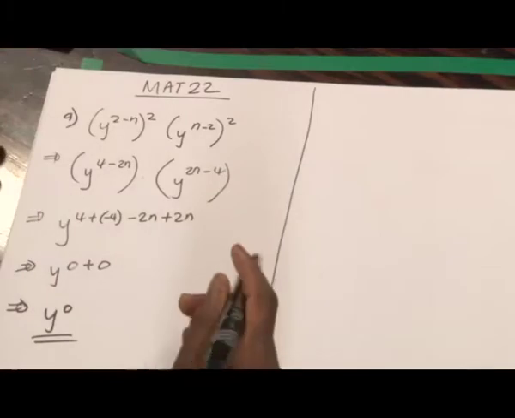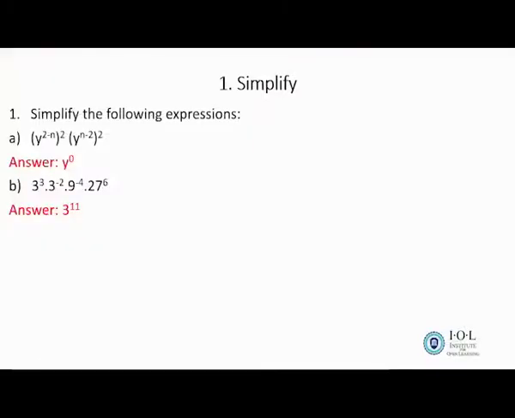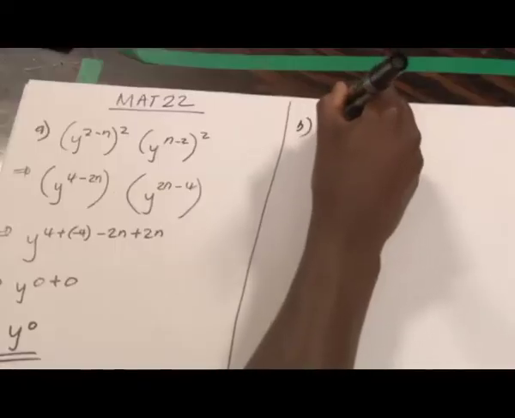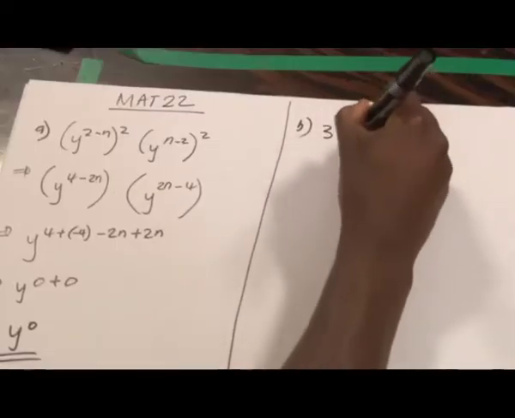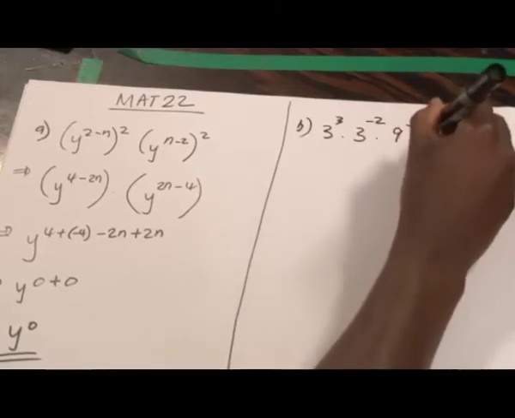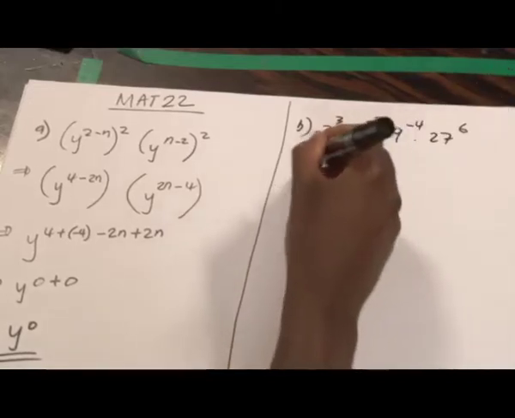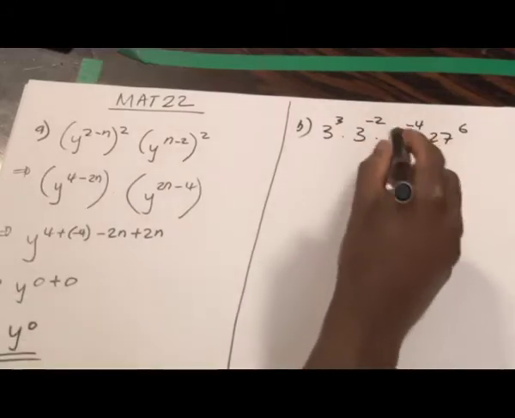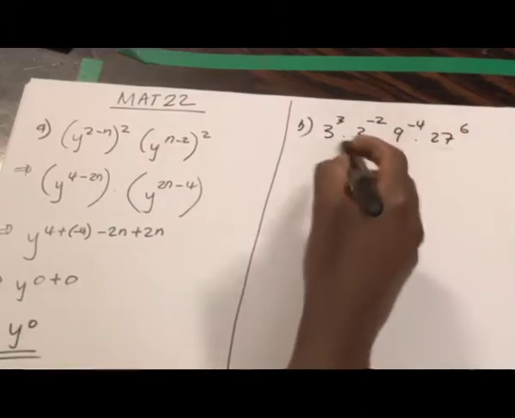That's how you see on the screen there, we have y to the power 0. Then b, we are given 3 to the power 3 and 3 to the power negative 2, 9 to the power negative 4, 27 to the power 6. The exponents are almost the same, but now this one's what you should deal with first.